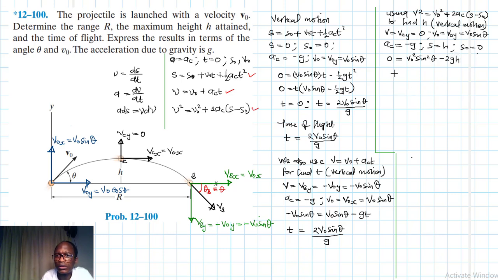So with this, we can then simply say our h is just equal to v naught squared sine squared theta divided by 2g. But we know that we can replace this.